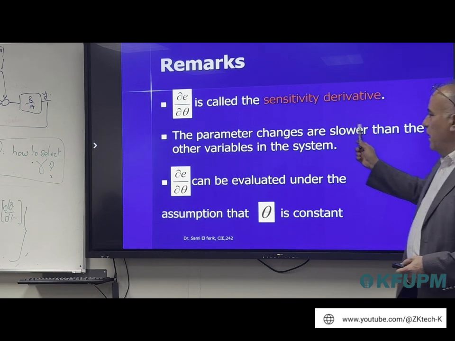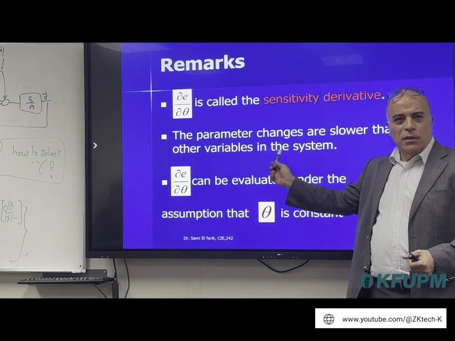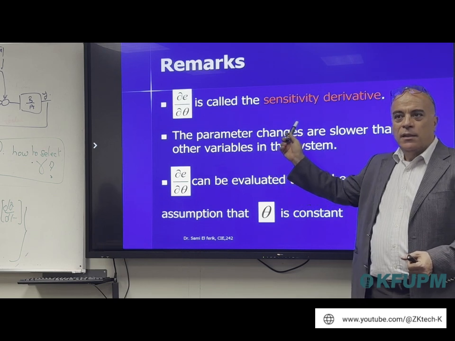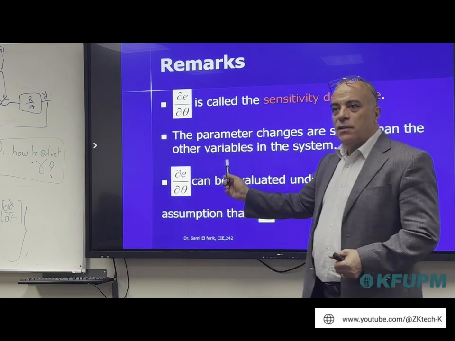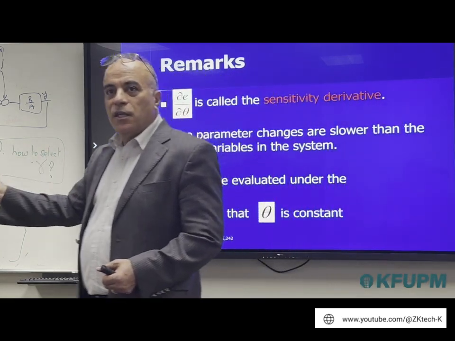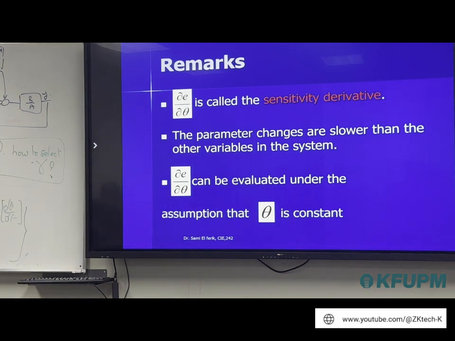We are saying that the parameter changes are slower than the other variables in the system. You remember we talked about this several times before. We assume that the dynamic of the system is faster than the change of the parameters. If you buy a car, you are using the car faster than the change, which is every 5 years, for example, or every month.